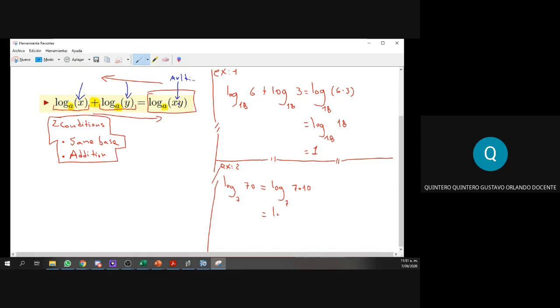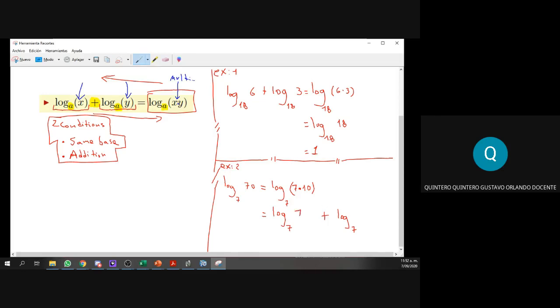Now, both logarithms will have to have the same base. So say base 7 and the other one base 7 as well. Since we had a multiplication inside, we can expand it with addition, right? Each value is going to go to each logarithm.